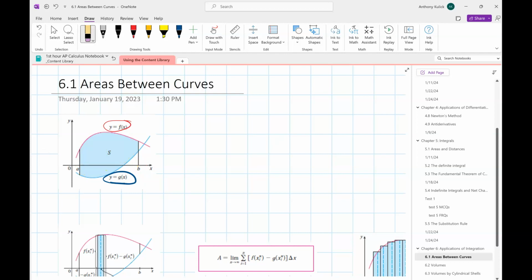Well, if I think about this, the integral of f of x dx, from A to B, is going to equal that area there, right?